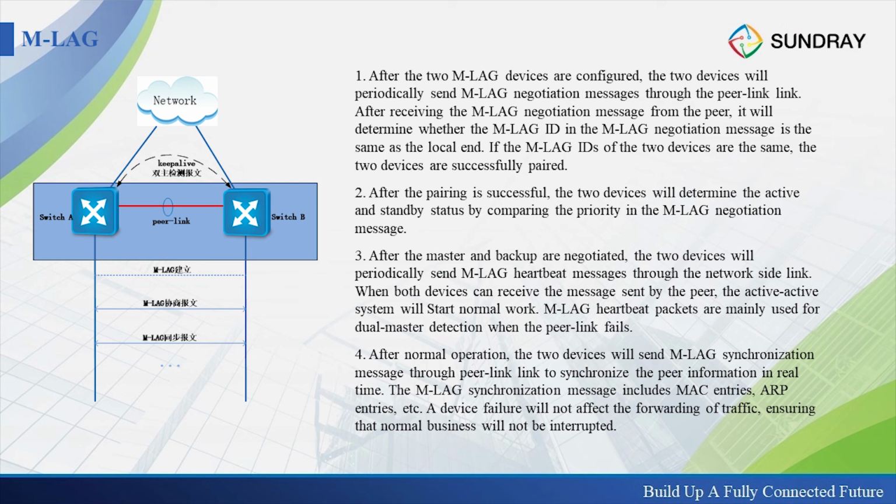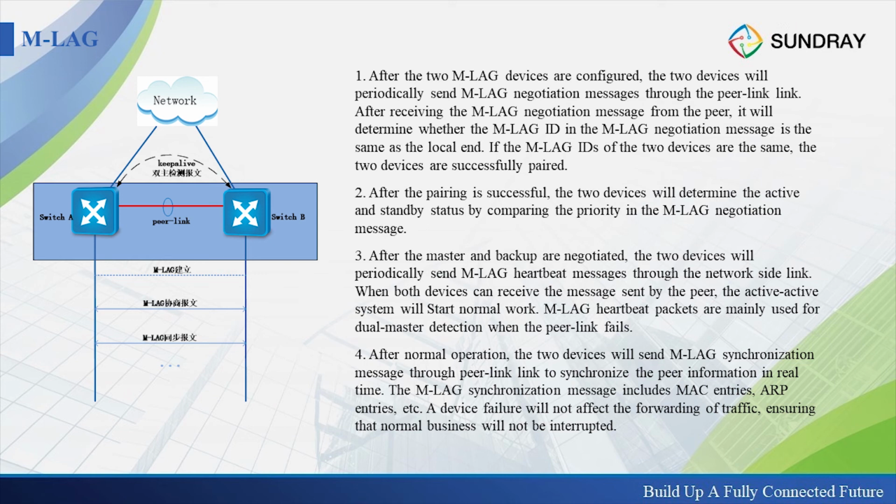The smaller the priority number is, the higher the priority it is. After the master and the backup negotiate, the two devices will periodically send MLAG heartbeat messages through the network side. When both devices can receive the message sent by the peer, the active system will start normal work.